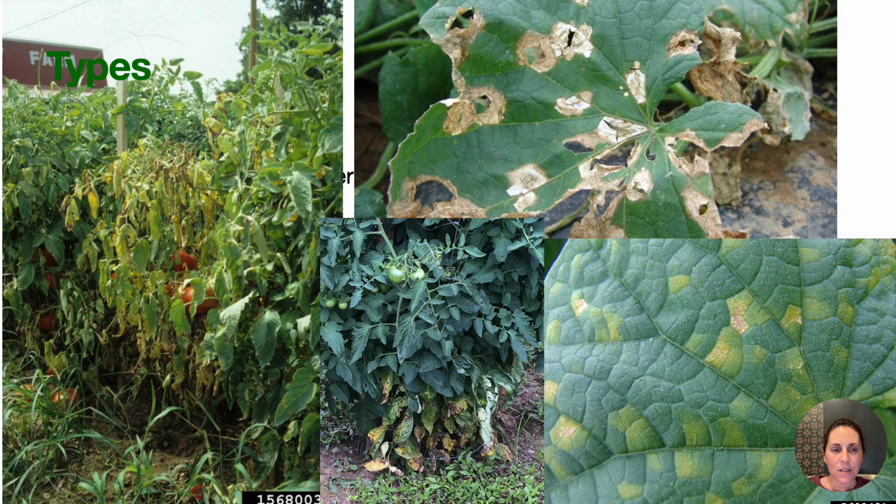Here's a couple of pictures of that. Over on the left side, we have that fusarium wilt. This is a fungus that can overwinter for many years in the soil, and it is similar to bacterial wilt, in which the plant will wilt during the day and have some recovery at night, with the leaves eventually turning more and more yellow over time.